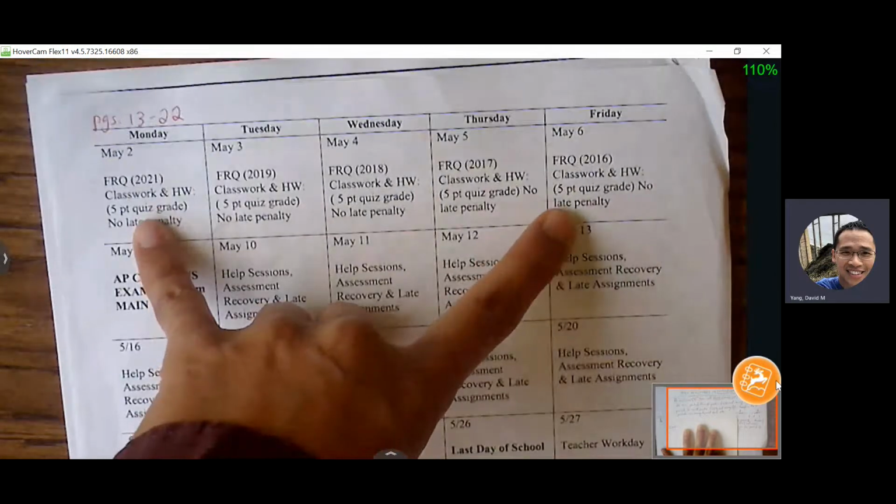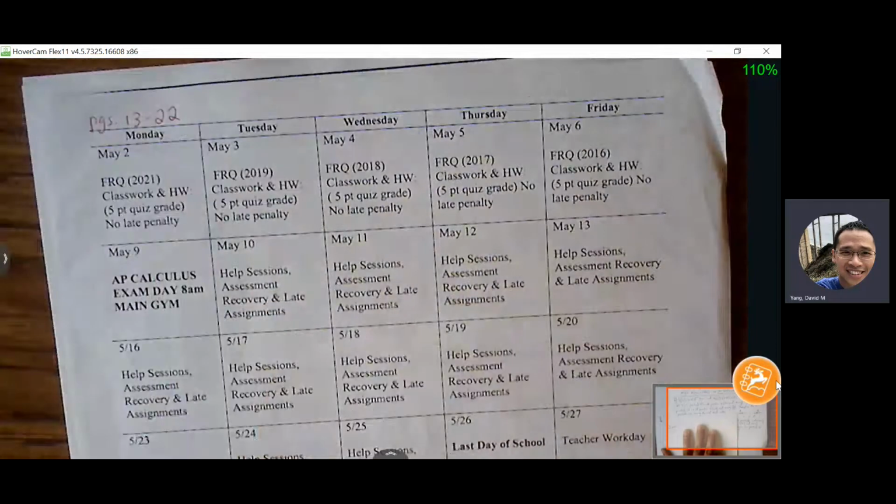So we'll be looking at 2021 to 2016 FRQs. 2020 was kind of a strange year. It wasn't a full AP exam, so our AP exam was going to be more modeled after these other ones that we've had during most of the years.